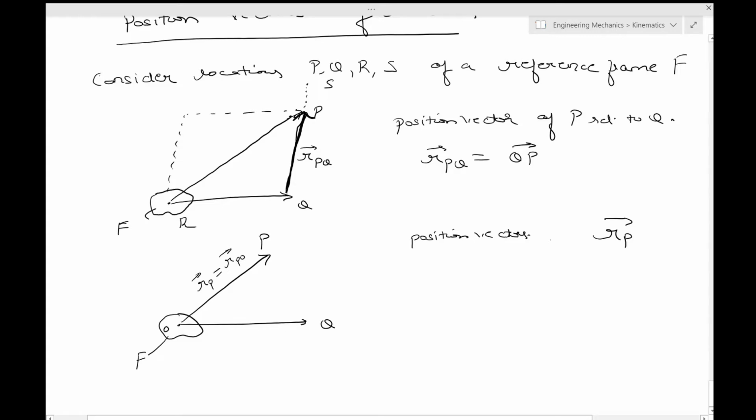Now, some of the things which we can write are clearly RP is equal to RPO is equal to OP, the vector going from O to P. So that's equation 1.2. Now this vector can be written as RPQ.